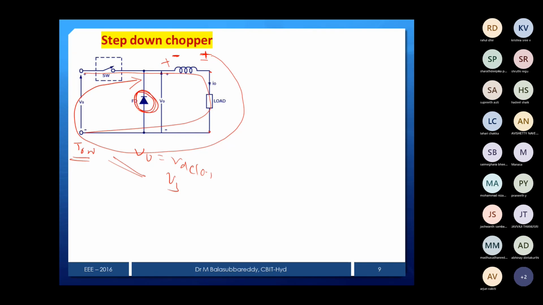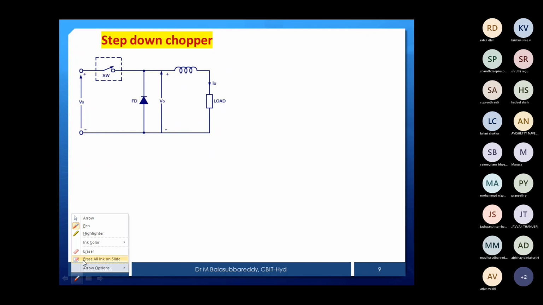The diode is going to turn on, because minus is connected to the cathode and plus is connected to the anode of the diode, so it will be on. If the diode is on, current is passing like this, and the output voltage is equal to 0 because it is a short circuit. That's all the operation, only 2 steps.